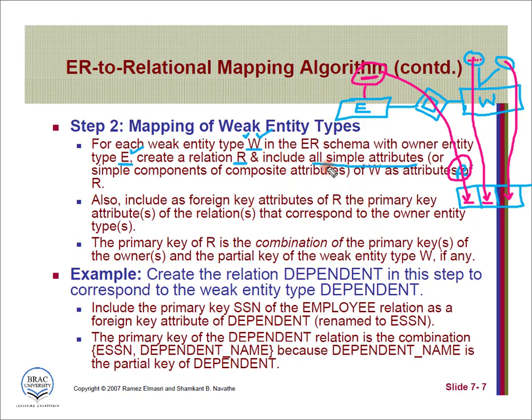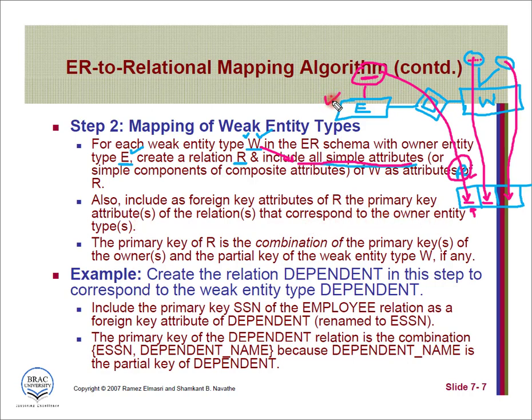So this is what it says. It includes all the simple attributes from W, and it also includes as a foreign key the attributes of R. This is the foreign key in the relation R, which is the primary key of the relation that corresponds to the owner entity.